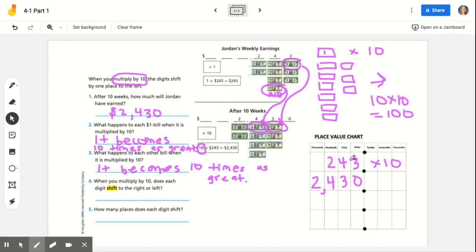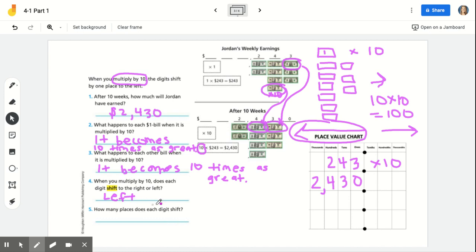And my 3 went from the ones to the tens. It's moving this direction. Is this right or left? It is left. Okay, they're moving in the left way. This would be right. Nope, they're not going that direction. They are in fact going left. So for number 4, we're going to write they're shifting to the left.